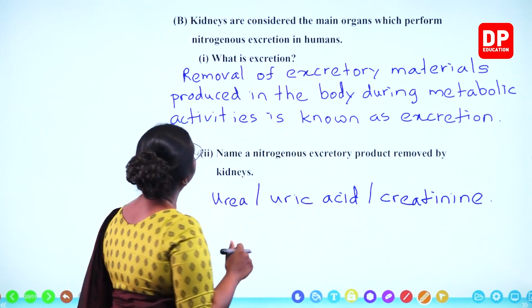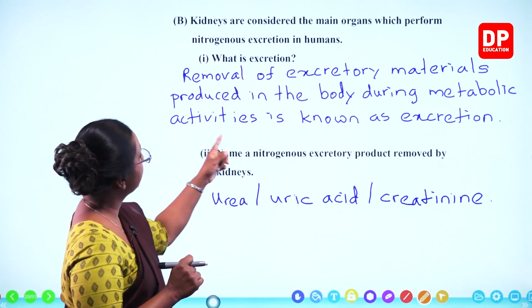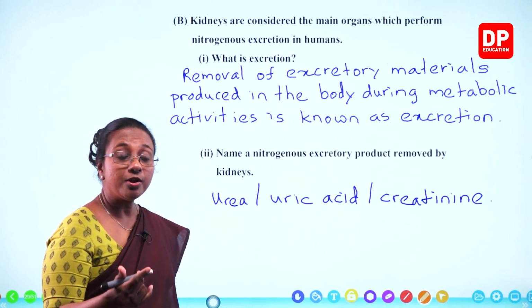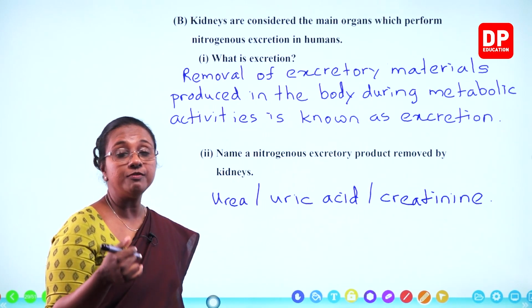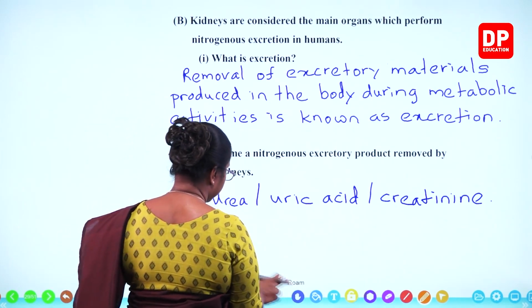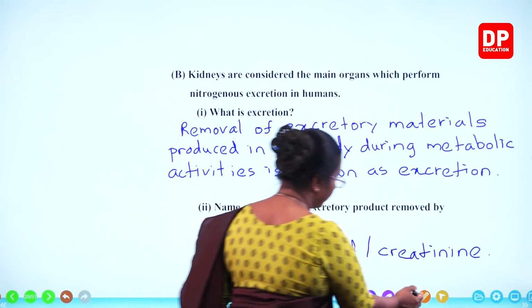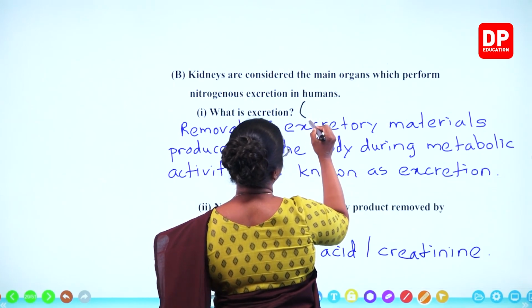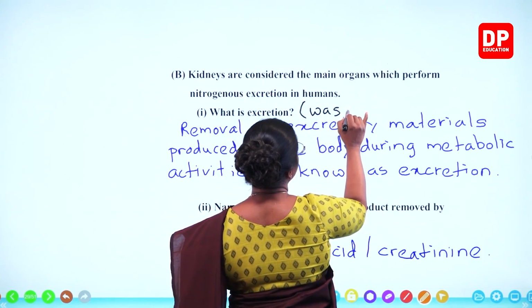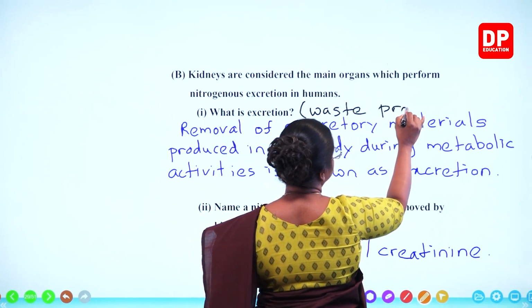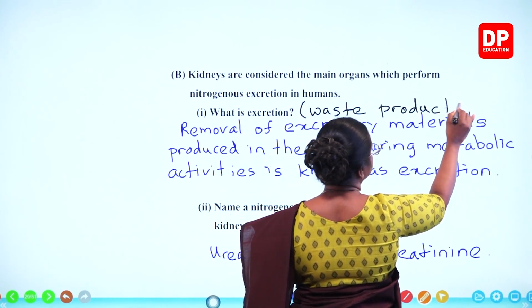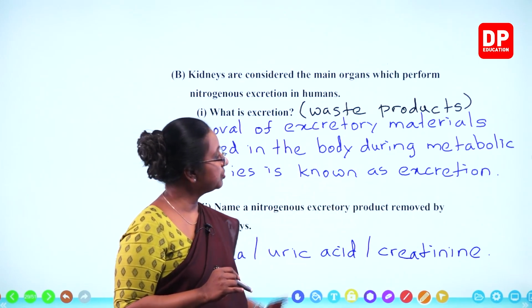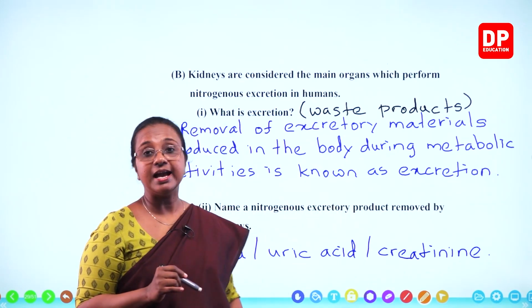So, when you are writing this, students, I have mentioned removal of excretory materials. You can also say it as removal of waste products. That is another term that you can use here. Instead of excretory materials, you can say waste products. And also you have to say they are produced in the body during metabolic activities.